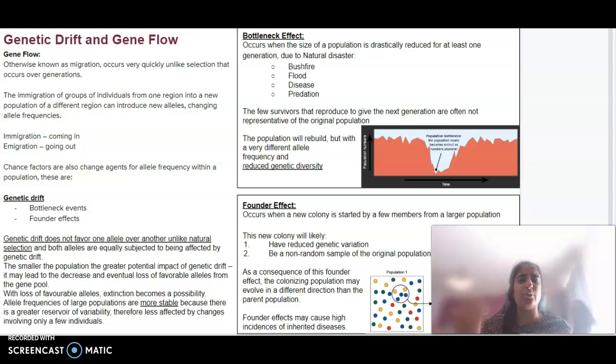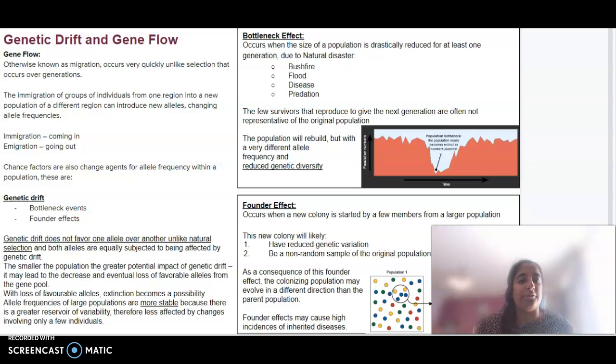So if we think about a population as well, a smaller population will probably be greatly impacted by genetic drift, whereas a larger population, there might be more stability there because there's more variability and more variation, and so they might be less affected by changes that may occur.